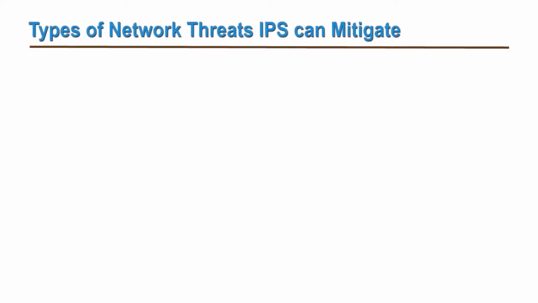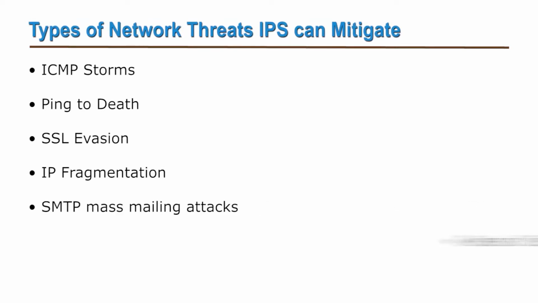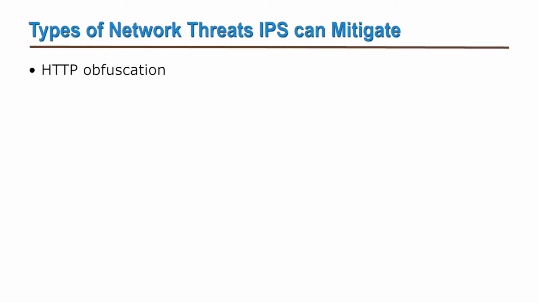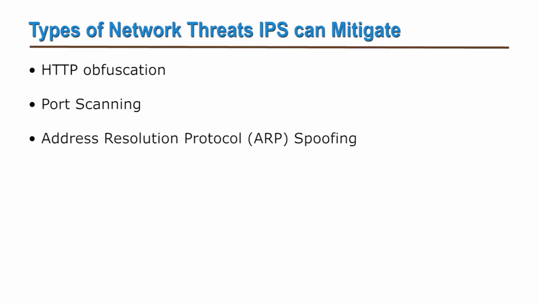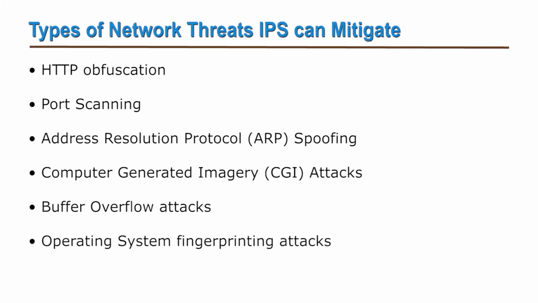Some of them are ICMP storms, ping of death, SSL evasion, IP fragmentation, SMTP mass mailing attacks, DoS and DDoS, SYN flood attacks, HTTP obfuscation, port scanning, address resolution protocol spoofing, common gateway interface attacks, also known as CGI attacks, buffer overflow attacks, operating system fingerprinting attacks, and finally server message block SMB probes.